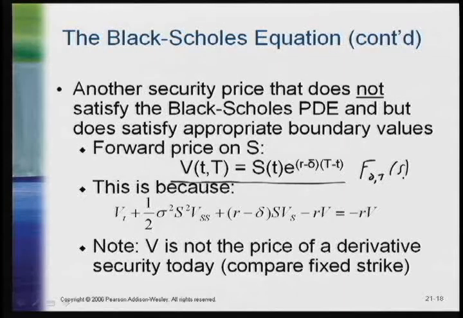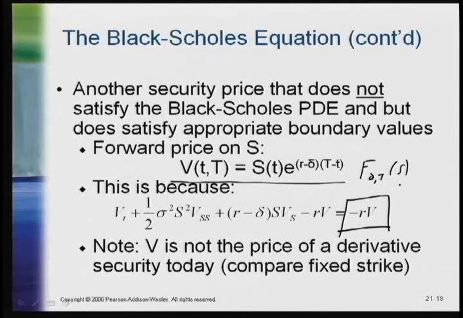If you substitute the forward price in, you get a minus rV. Now, what sense does that make? Well, first of all, you could say, well, the forward price isn't really a price today of anything. It's a future price. The reason the Black-Scholes equation provides you with a minus rV is that the forward price will grow at rate r.